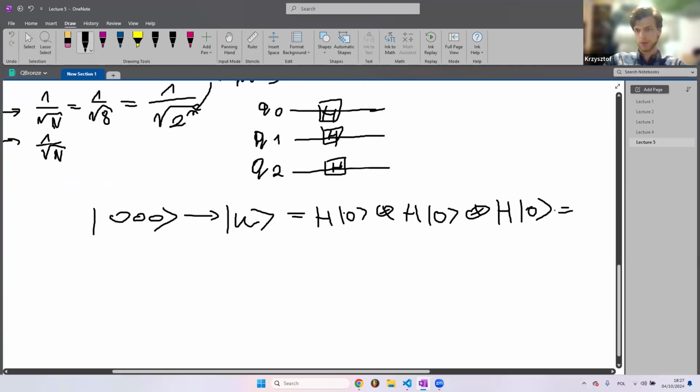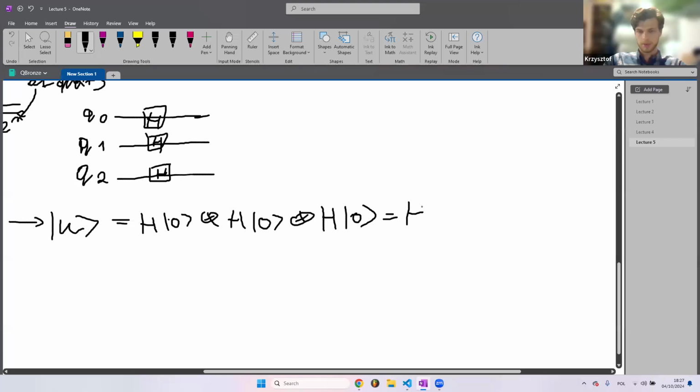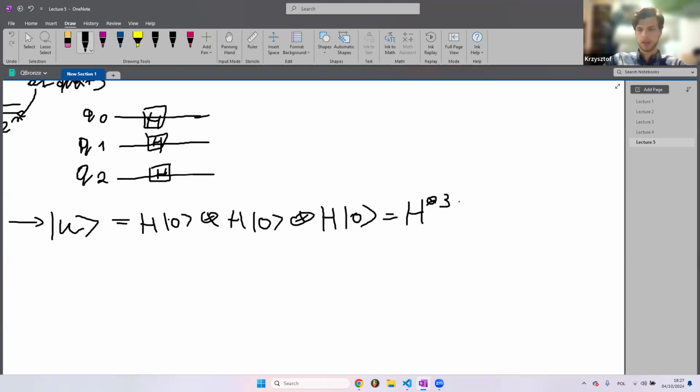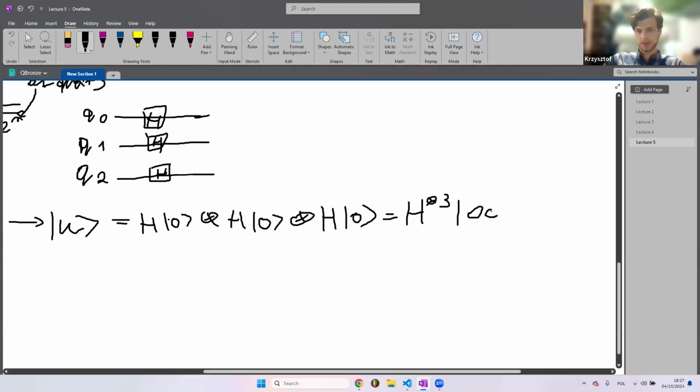We can also write this as Hadamard to the power of 3, where the power is a tensor product, to simplify our writing. This notation will be helpful in later steps, applied to 0, 0, 0.